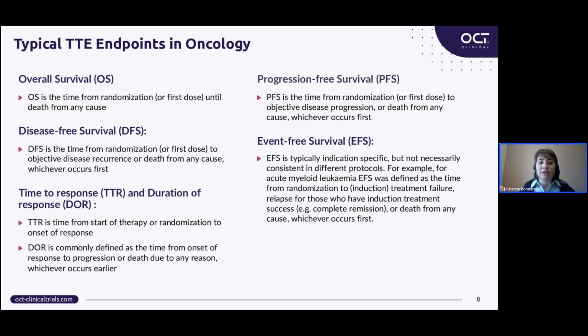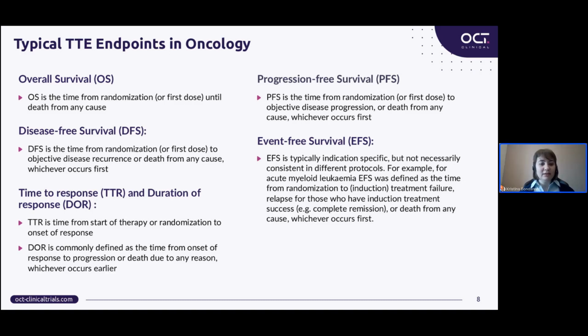Typical time to event endpoints in oncology include overall survival, the time from randomization or from the first dose in a non-randomized trial until death from any cause, and time to event endpoints such as event-free survival, EFS, disease-free survival, DFS, and progression-free survival, PFS, which are composite outcomes that assess disease control.